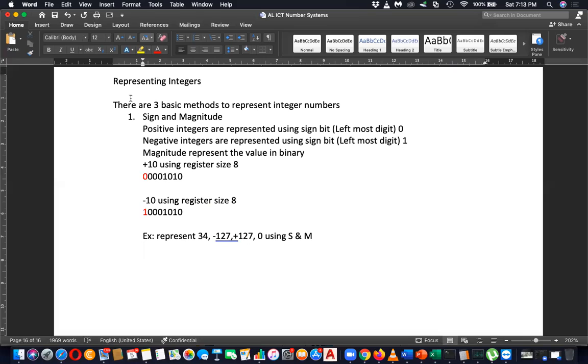First write the notes, then please convert these numbers to sign and magnitude. If you cannot understand anything, please ask, I can explain again. First write this down, then represent 34, minus 127, plus 127 and 0 using sign and magnitude.